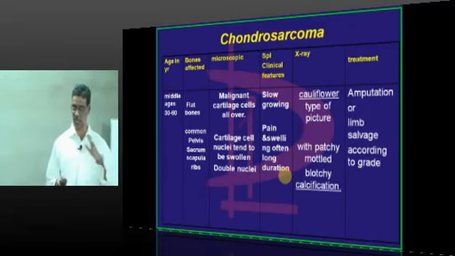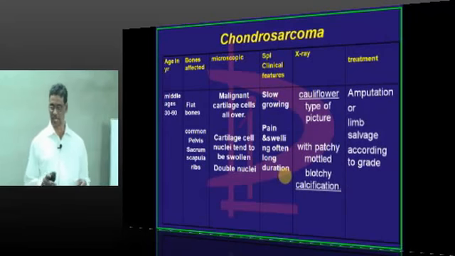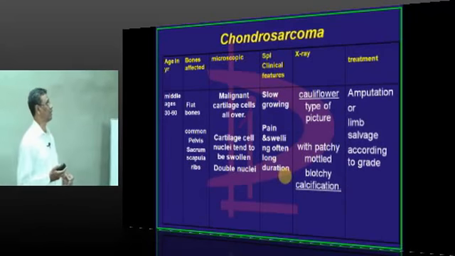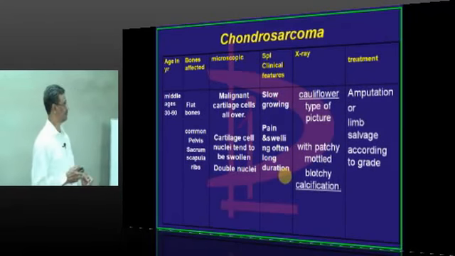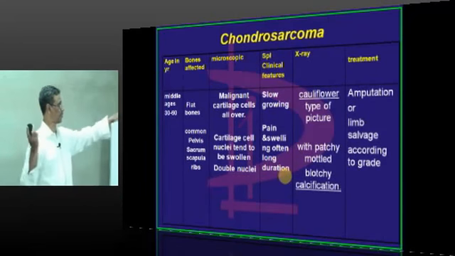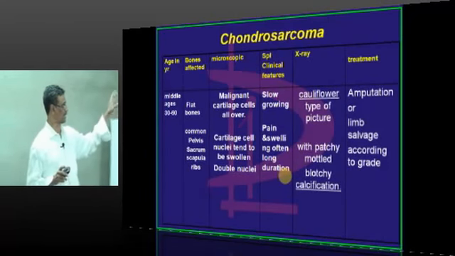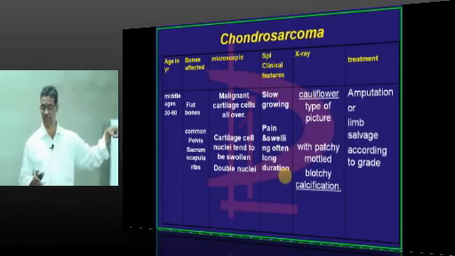Blotchy means patchy here and there; don't worry about the word, it is patchy calcification. The treatment of choice is amputation or limb salvage according to the grade.